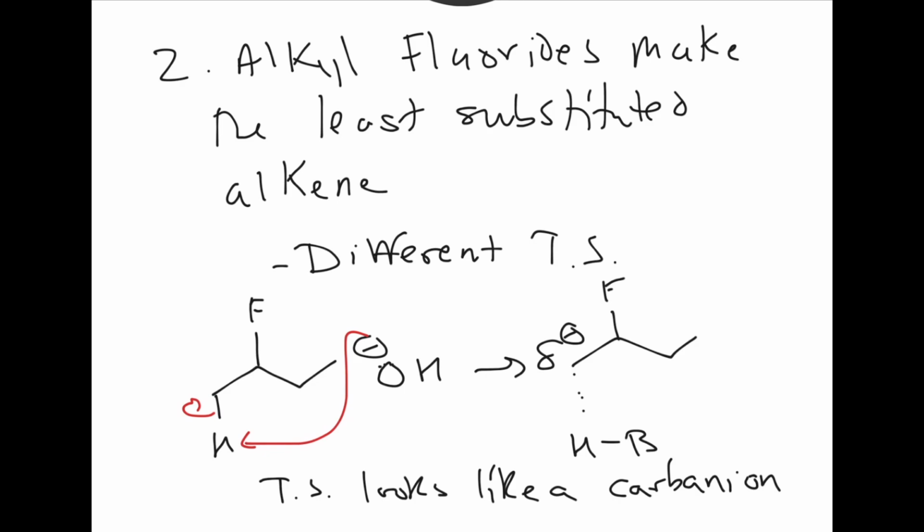Fluorine is an awful leaving group, and so we have to basically pull the hydrogen all the way off the molecule before the fluorine will decide to leave. We don't get to pull the hydrogen off and start to make our double bond. We have to yank the hydrogen all the way off. Our carbon has to become basically a carbanion, really negative, and then finally fluorine will leave.